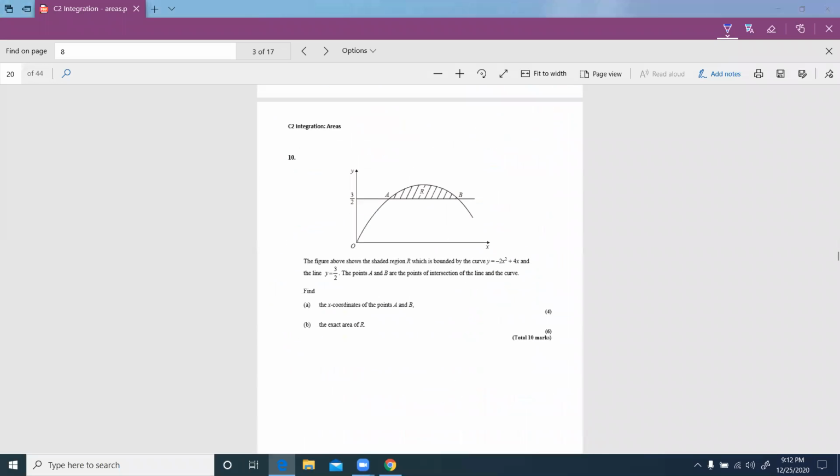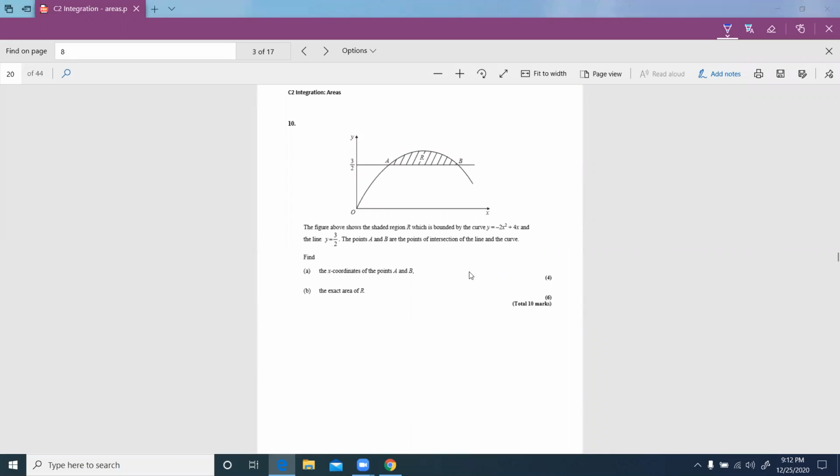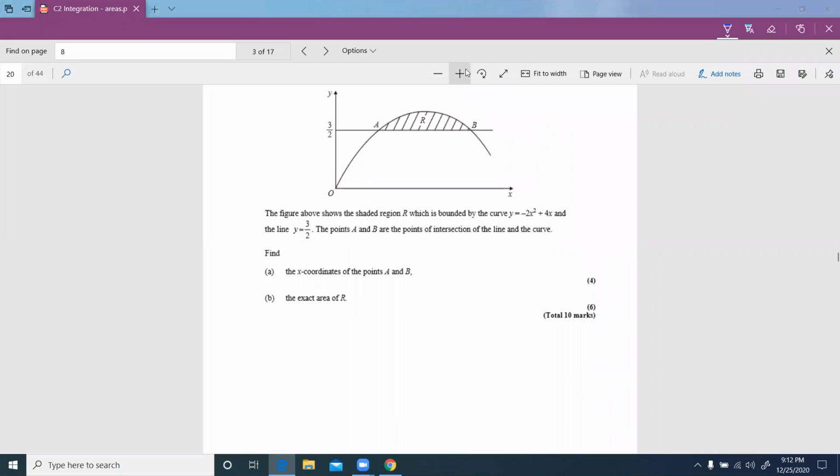This is another interesting question. The figure shown here is a curve, y equals minus 2x squared plus 4x, meeting the line y equals 3 over 2.